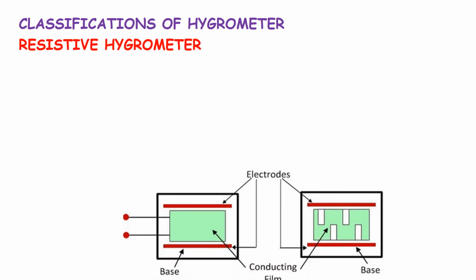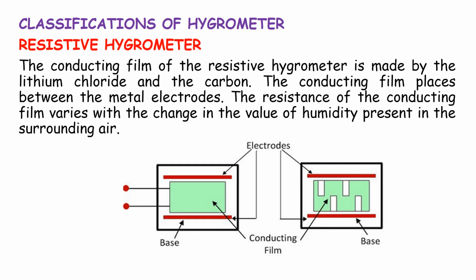Now the classifications of hygrometer: you have the resistive type. See, this is a resistive hygrometer where you have metal electrodes and a film. It is a conducting film which is present in between your metal electrodes. The resistance of the conducting film varies with the amount of humidity present.